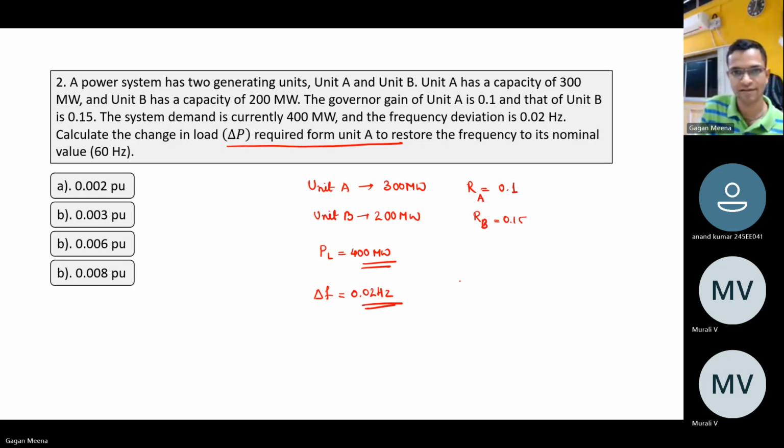How will you do this? Is it the change in load or the change in generation?